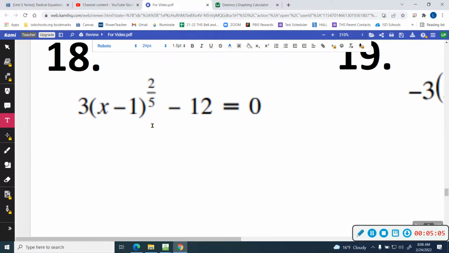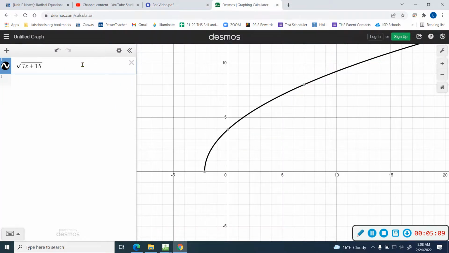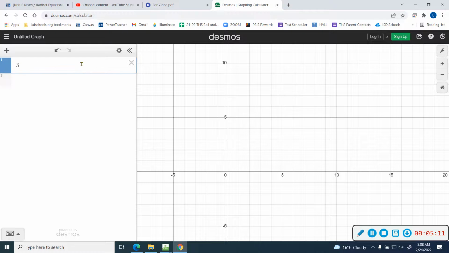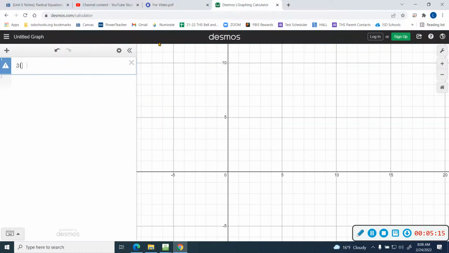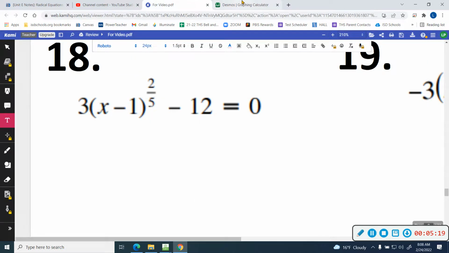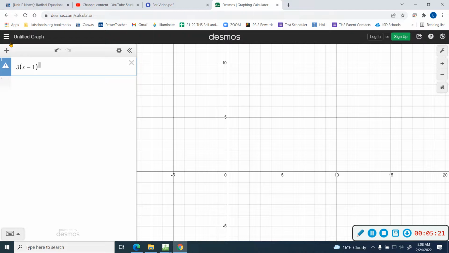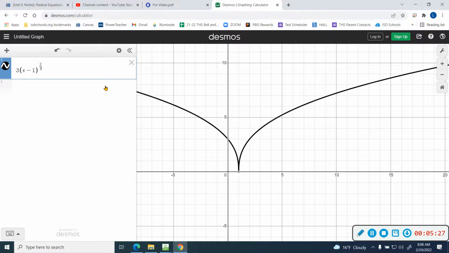Next one, 18. Again, I could type that into Desmos. Yes, I prefer you solve these by hand, but I feel like I already got enough videos out there, and I don't want to make you watch a ton of videos. So we got that minus 12.